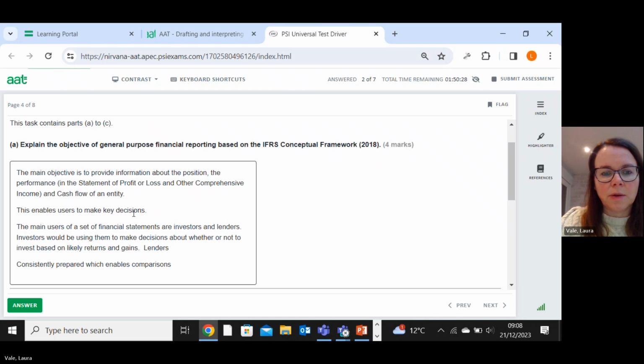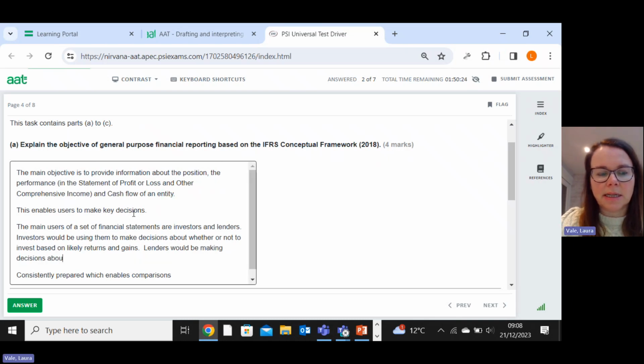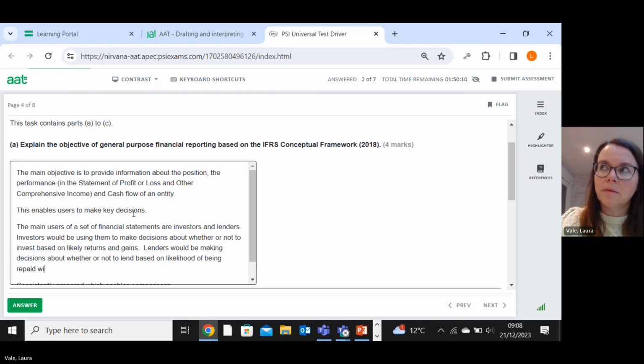Lenders would be making decisions about whether or not to lend based on the likelihood of being repaid within the terms agreed, something like that.